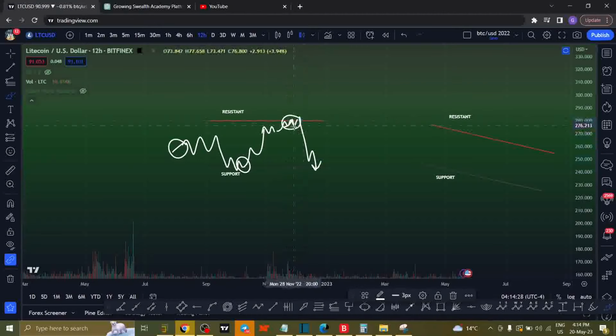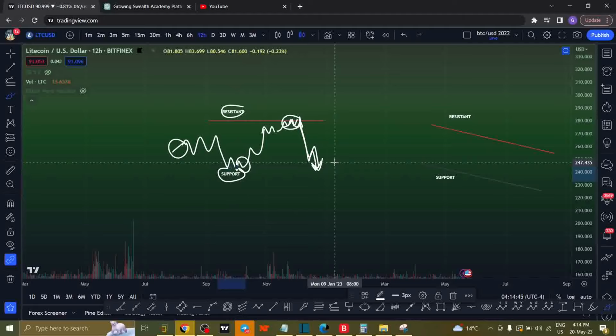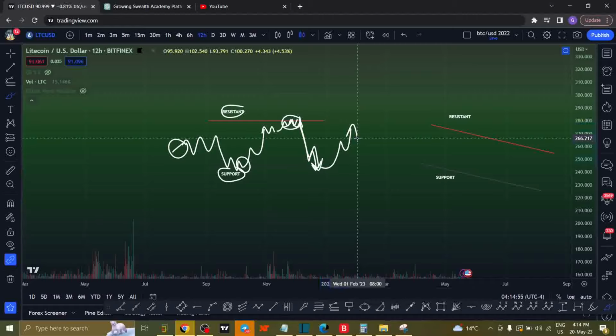Once price action triggers the resistance level, which in theory is where sellers are taking their profits, then do expect a reversal to the downside to our support level. Support level will act as a floor, as a ground, as a demand zone. Therefore, expect further upside. So very basic, very straightforward.